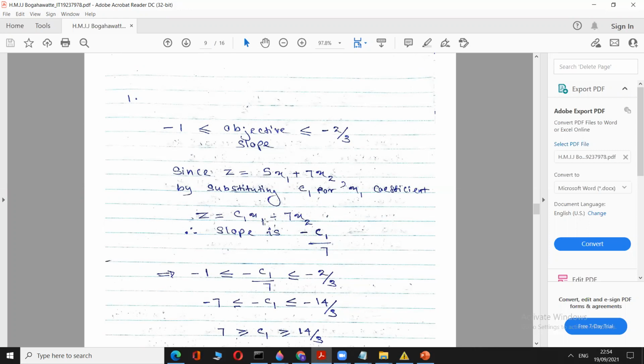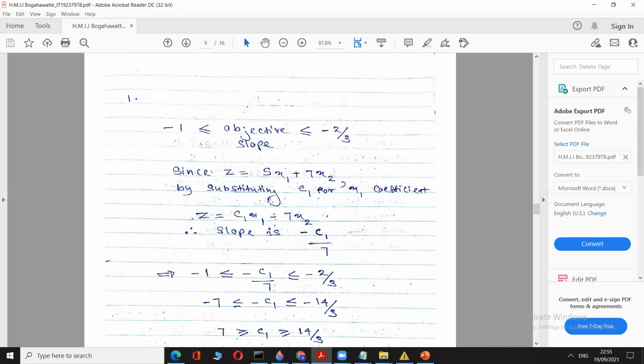So if I take this function, I can keep one thing as a constant and substitute the other with the value that they have given. For x1's coefficient, they have given c1, and I will keep this 7 as it is.